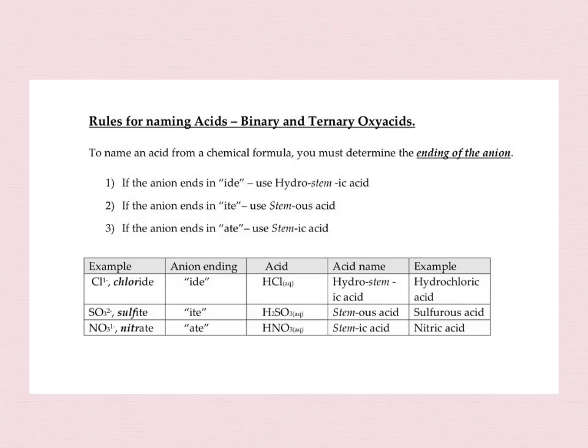Naming acids can be summarized into 3 rules, and the rules depend on the anion ending in your acid. So the first example we're going to do is HCl. All acids have a hydrogen in the front, some kind of an anion, and an AQ subscript.